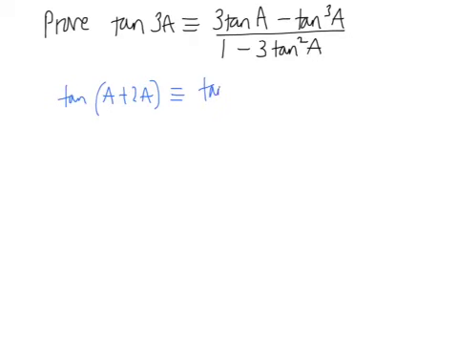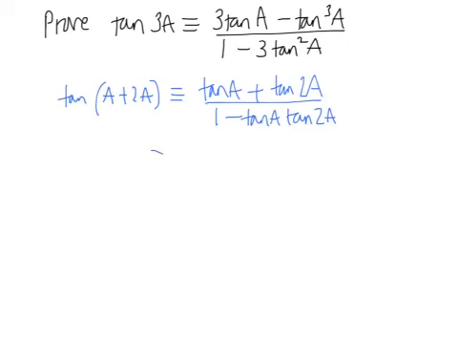So we're going to have tan a plus tan of 2a all over 1 minus tan a tan 2a. Okay, that's just using our tan of a plus b identity. Then we're going to have to use our tan of 2a identity in 2 places, top and bottom.